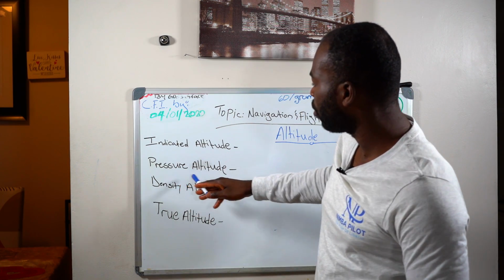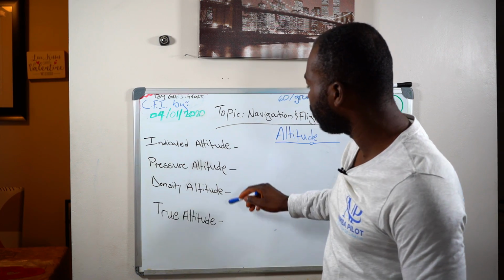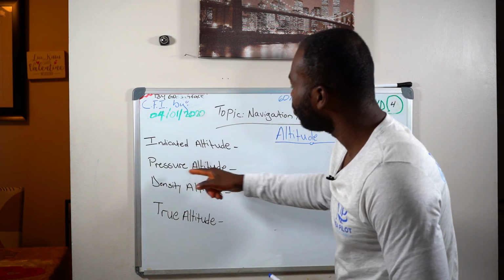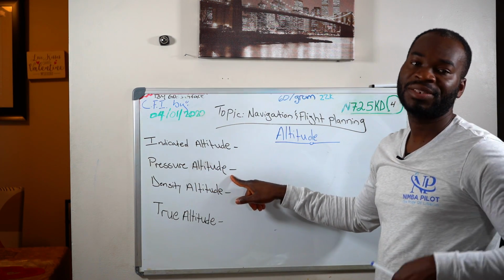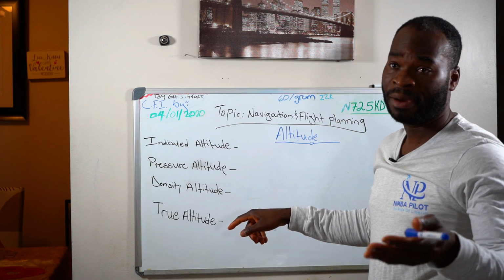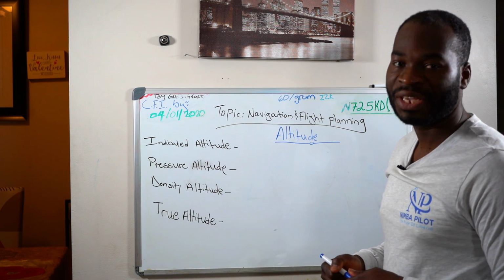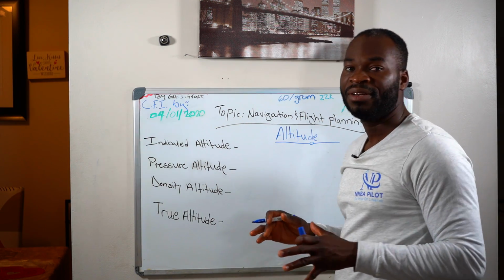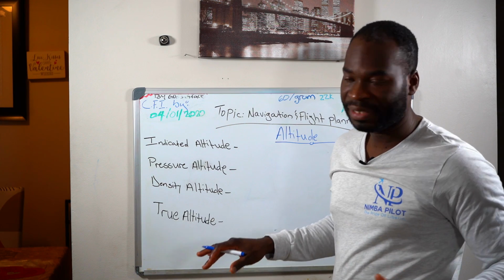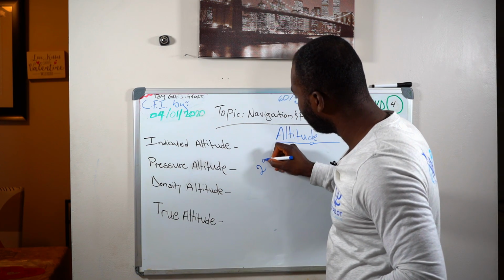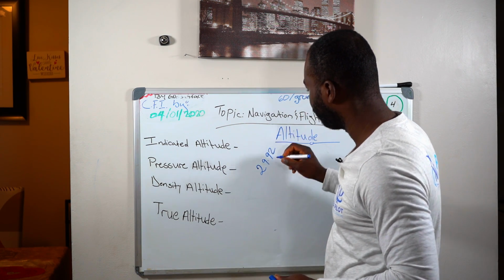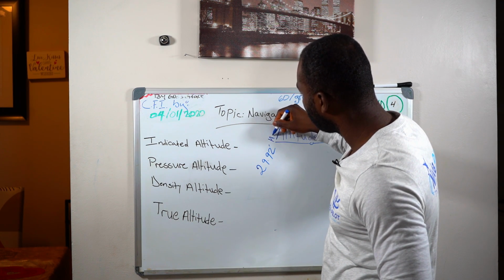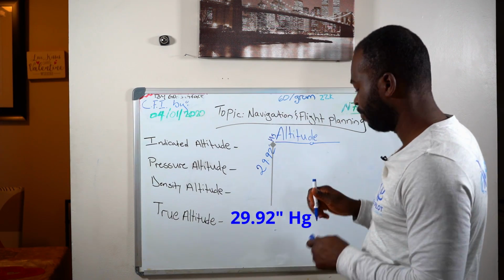I'm going to go back to pressure altitude. Don't get confused between density altitude and pressure altitude, okay? Pressure altitude is pressure corrected for non-standard pressure. Remember, we say our standard pressure at sea level on a standard day is 29.92 inches of mercury.